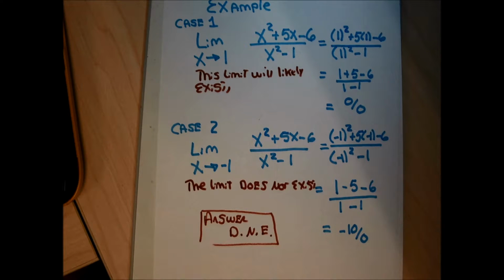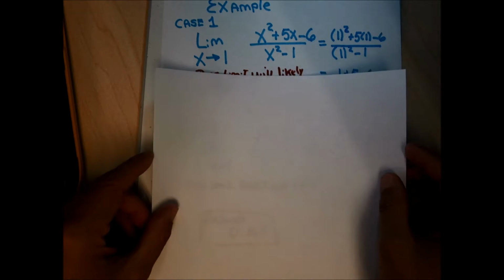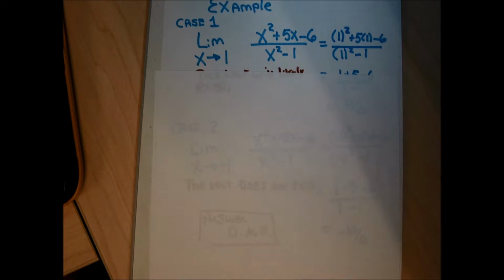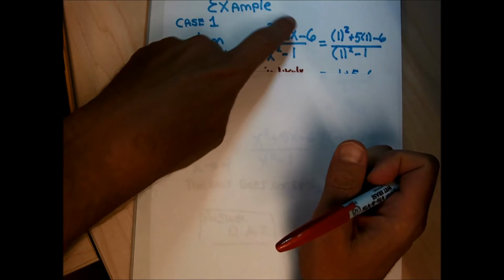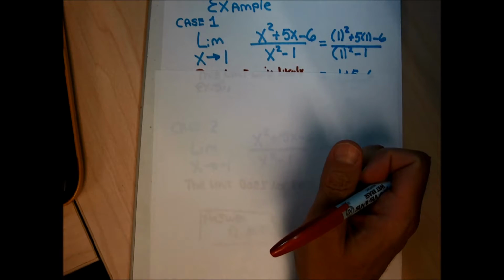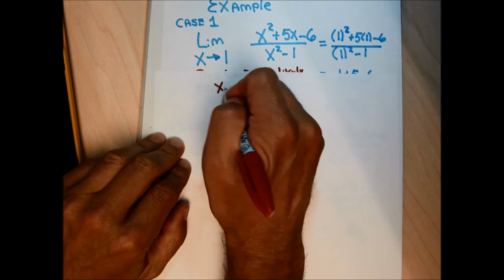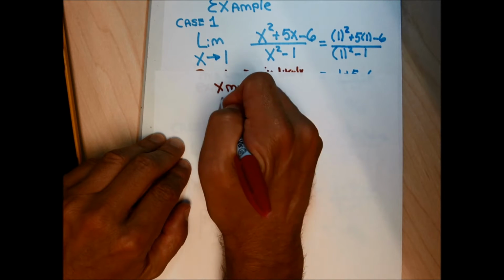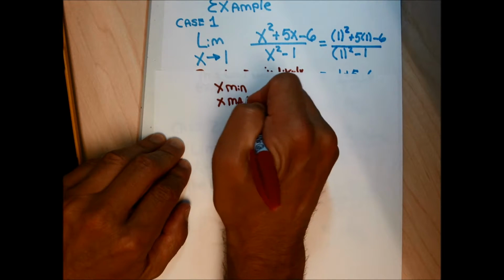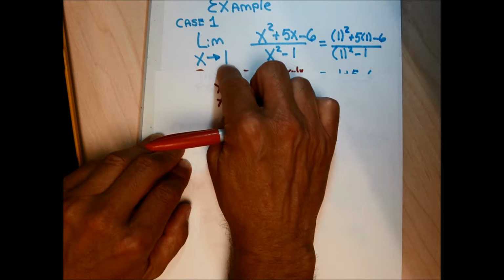So to show you that the limit of case 1 is 3.5, I'm going to graph the function x squared plus 5x minus 6 over x squared minus 1, and I need to make my window good. And to make my window usable, I need to make my x's cover 1, because that's the value that I'm trying to find the limit at.